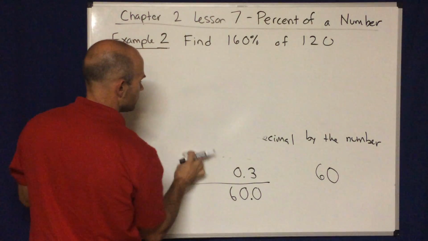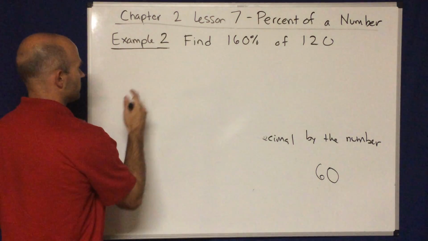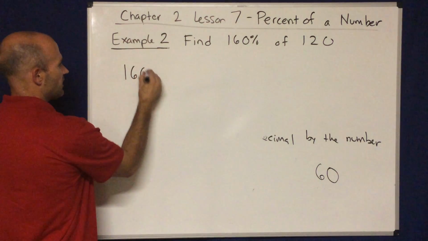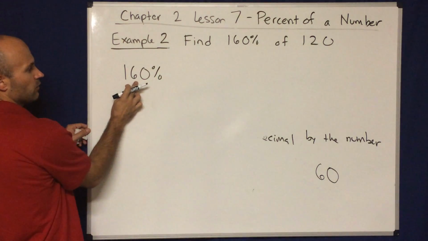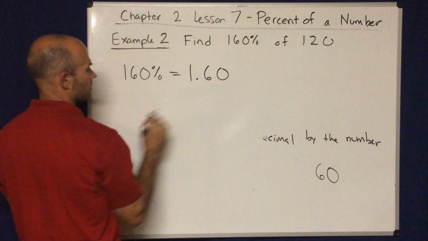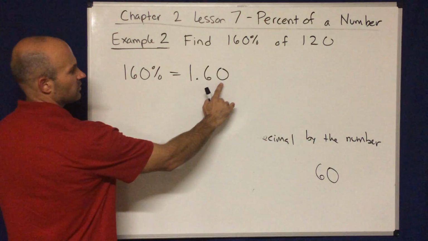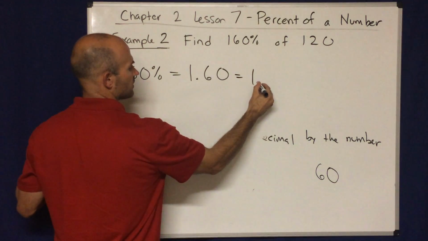So I'll convert 160% to a decimal. So let's start there. 160%. Take my decimal point, move it over 2 spots to the left to get the number 1.60. This is a 0 with no non-zero numbers following it, so I can go ahead and remove that.